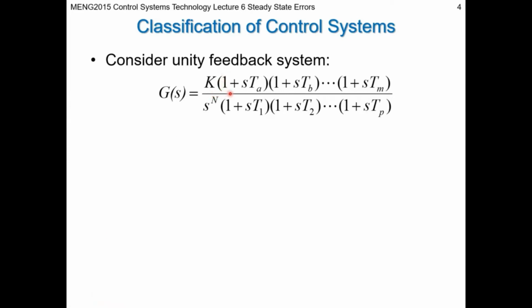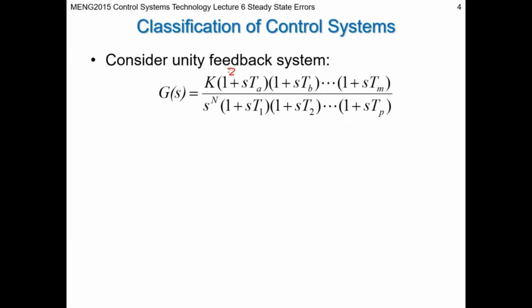As you can see, we have a gain on the top, and then we've got a series of terms on the numerator, each term in the form of 1 plus sτa, and 1 plus sτb, etc., all the way up to 1 plus sτm. And in the denominator, we have an s to the n, and then a series of 1 plus sτ terms as well. Each 1 plus sτ term on the numerator corresponds to a zero in the system.